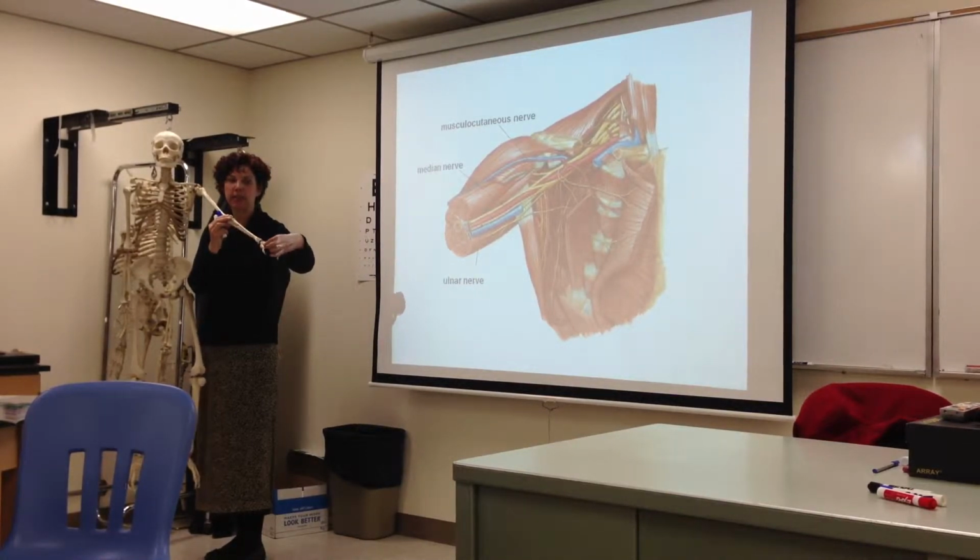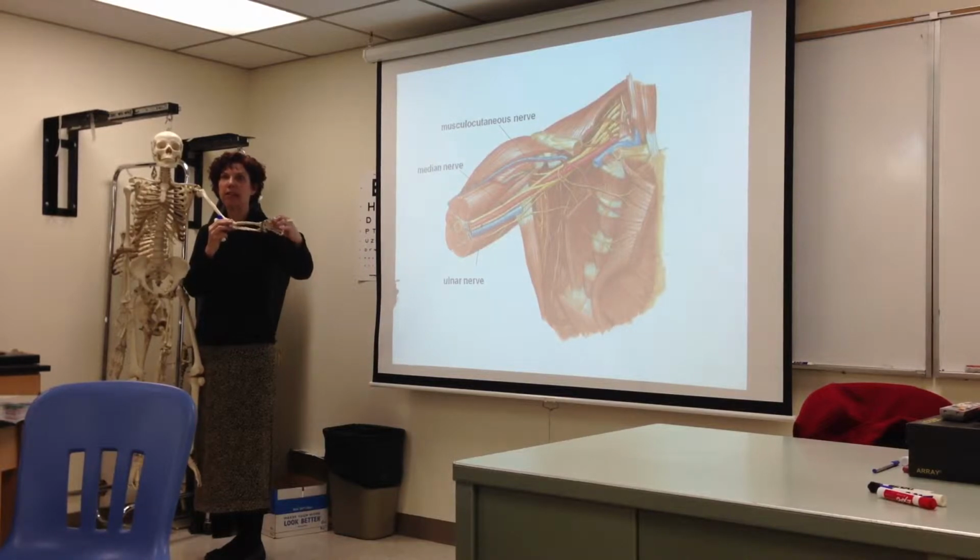So supinate, we go back to the parallel position. Pronate, radius crosses over. So a muscle that is going to either pronate or supinate the forearm has to attach to the radius. Does that make sense? That's the only bone that moves when we do that movement.